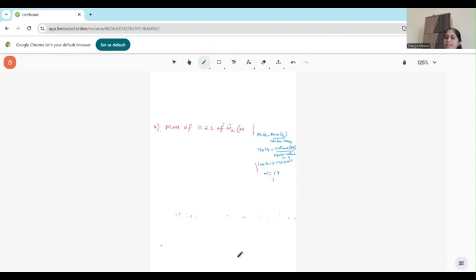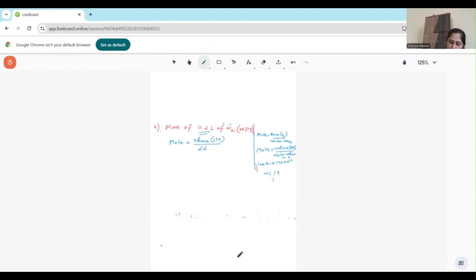The volume is given at STP, right? If volume at STP is given to you, can we find out the number of moles? Do we have the formula of moles when the volume is given at STP? Moles equal to volume at STP over molar volume, that is equal to 22.4 liters, right?